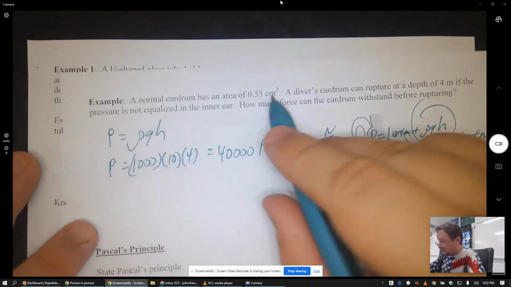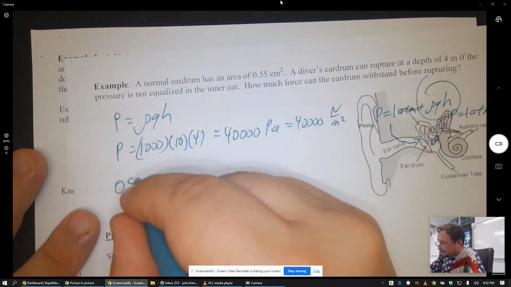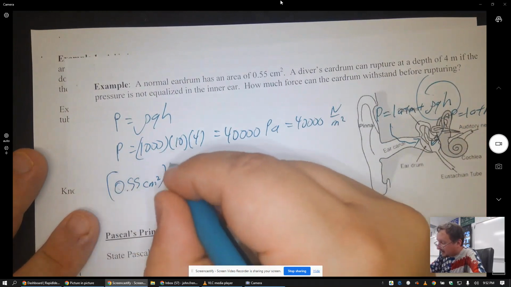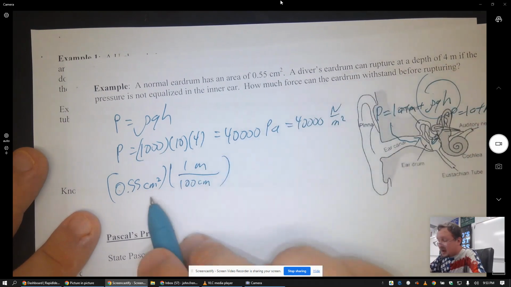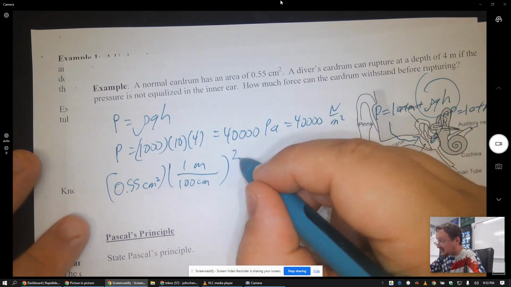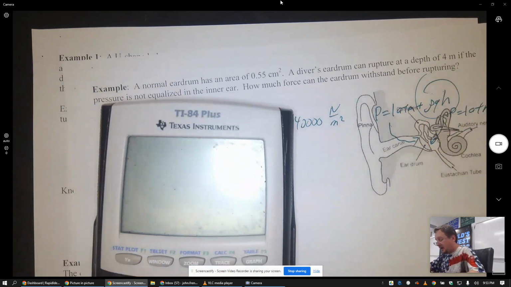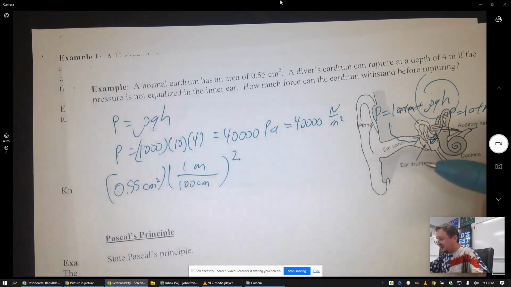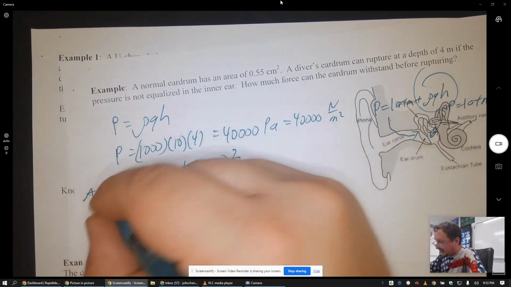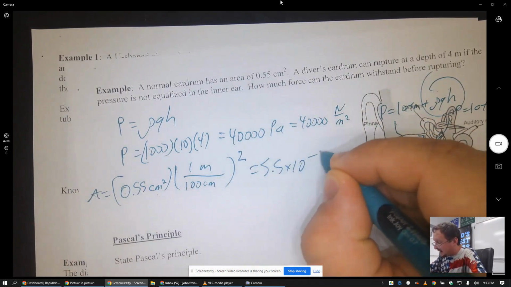Now, how do you convert this? You've got to do a little bit of dimensional analysis, right? 1 meter is worth 100 centimeters. But watch out, because the centimeters are squared, this conversion has to also be squared. So 0.55 is going to get divided by 100 and squared. The area is actually 5.5 times 10 to the negative 5.